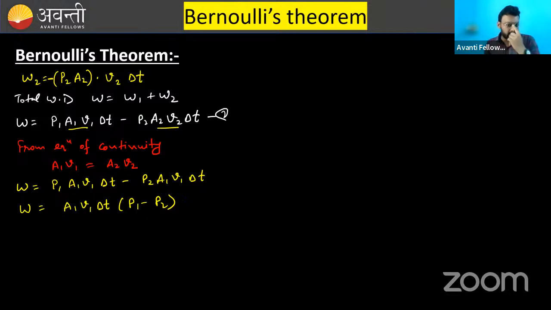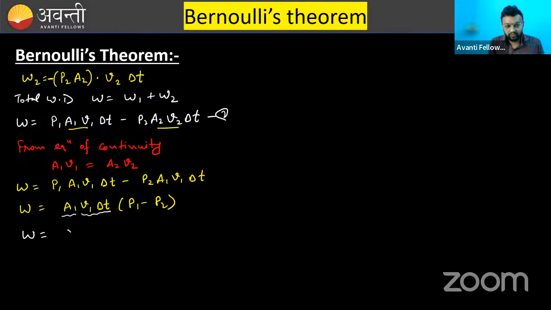Now again think about it. This V1 delta T is the displacement, and A1 is the area of cross section. So can you see that this portion is the volume?